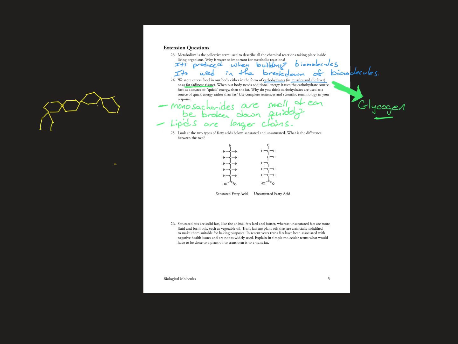Where you attach them is important, but I'm not trying to specifically draw these in any particular way. I just am trying to emphasize that they're long chains, all right? And I mean extremely, extremely long chains, right?